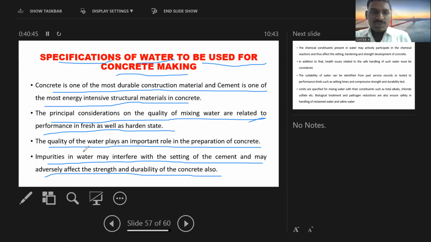Whatever water we are using in the concrete, if it is not of good quality, or some impurities are present in that water, that water will affect the setting time of the cement, the strength of the concrete and the durability of the concrete. So it is very very important that the water we are using is without impurities. Okay.